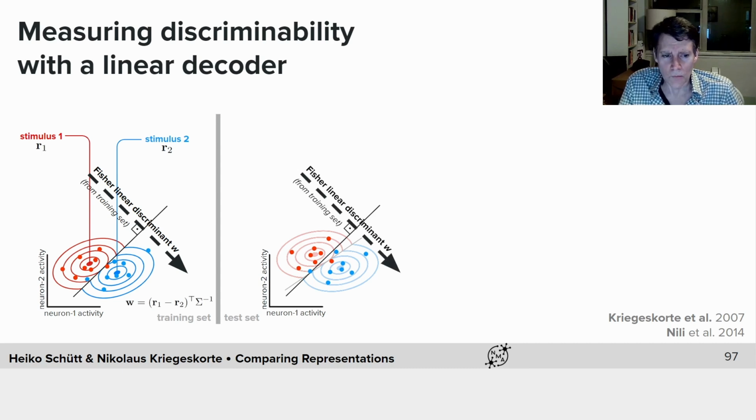So we apply the Fisher linear discriminant that's been estimated from the training set to the test data. And this amounts to projecting the test data patterns onto the Fisher linear discriminant estimated from the training set. So we're dropping all these points onto this one dimension, and then we have univariate data. We have all the data along a single dimension.